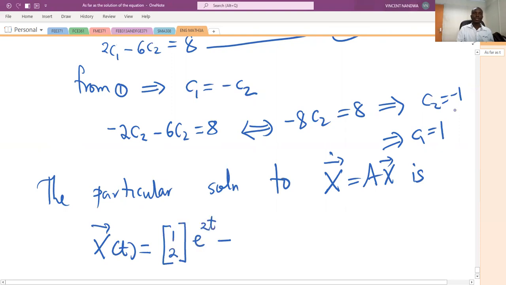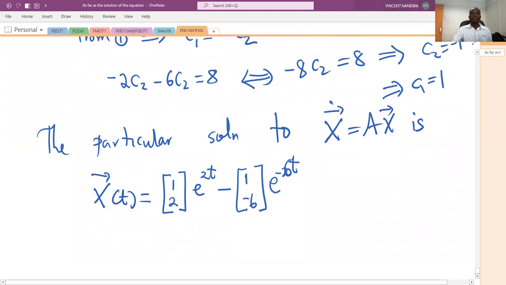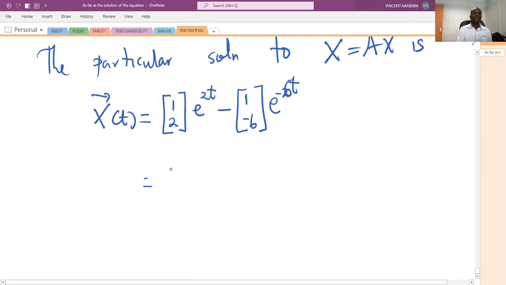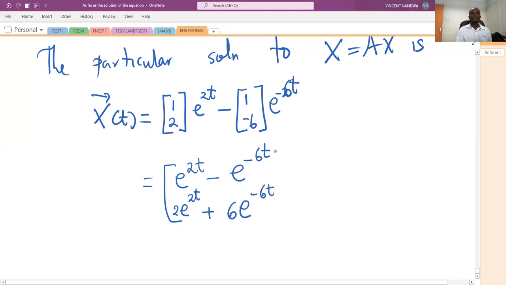C2 is minus 1, so minus 1, minus 6, and then e raised to the power minus 6t. So putting together, we get e raised to the power 2t minus e raised to the power minus 6t, and then 2 e raised to the power 2t, now minus minus is plus, 6 e raised to the power minus 6t.